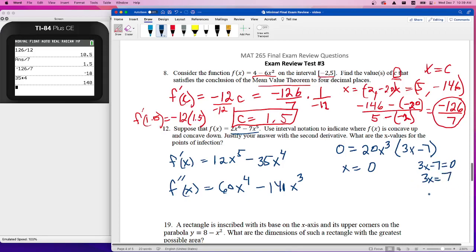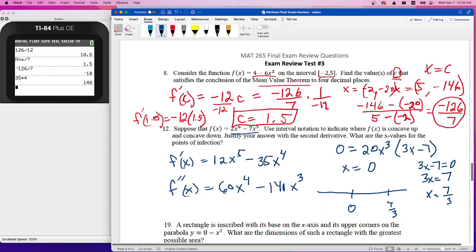Divide both sides by 3, you get x equals 7/3. So two places where we're going to have inflection points. What are the x values for the points of inflection? Well, we found that first, actually, and 7/3 is a little bit bigger than 2, 2 1/3, right?